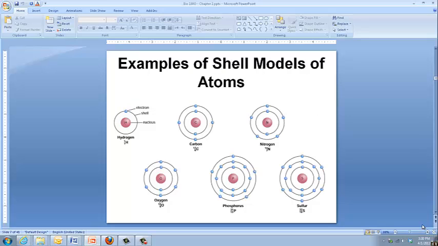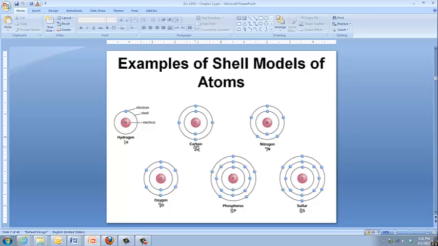Here we see some various atoms of different elements and the location of electrons on their shells. First we see hydrogen located on the left-hand side of our screen here, indicated by the pointer. Hydrogen has 1 electron. It has an atomic number of 1, meaning it has 1 electron, and so it wants to get 1 more electron to fill up that outer shell.